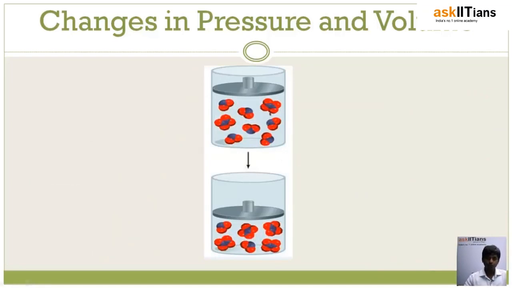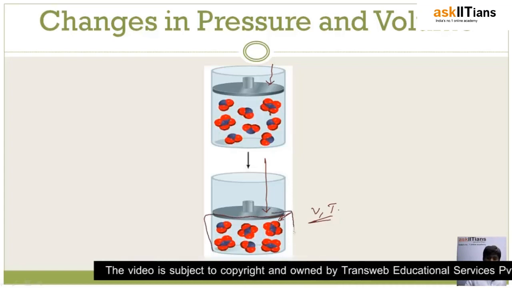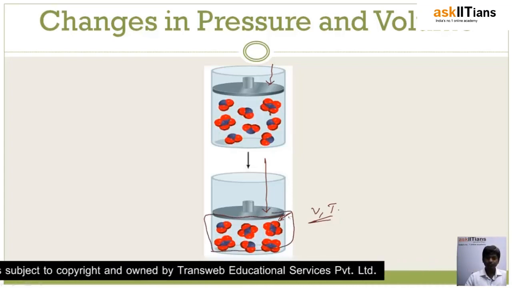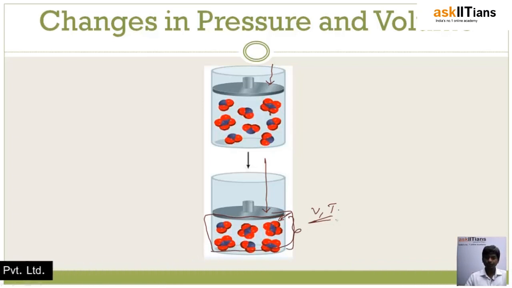So how to do that change, it is basically the graphical representation of how we are actually doing it. In order to increase the pressure, what we will do, we will apply force. Now the temperature is constant, because we are not heating it, and we have increased the pressure, and obviously the volume reduced. Why?